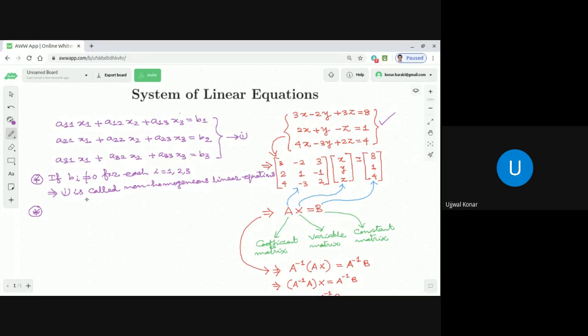Now, if we get bi equal to 0 for all i equal to 1, 2, 3, then the above system is called homogeneous linear equations.